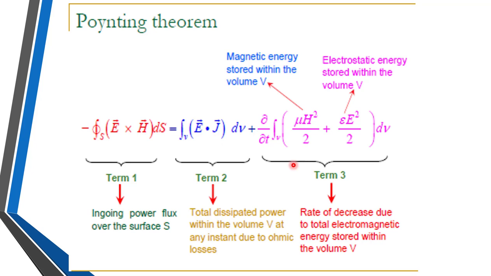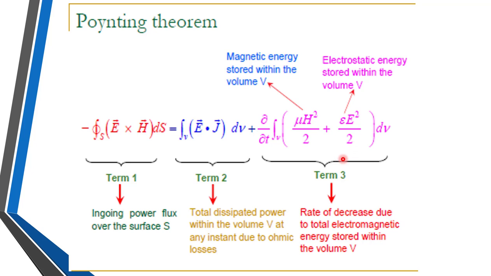And the next term, term number 3, is the rate of decrease of energy which is stored inside the volume V. It is the rate of decrease of total electromagnetic energy within the volume V. The first term, μH²/2, is magnetic energy, and we have seen the equation for electrical energy in the electrostatics chapter, that εE²/2 is electrostatic energy.